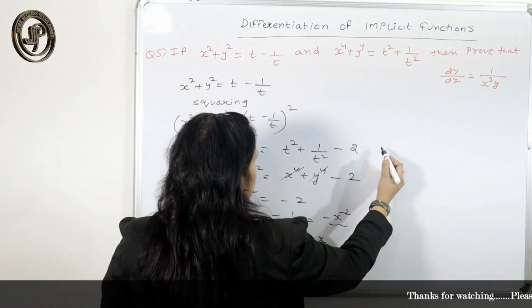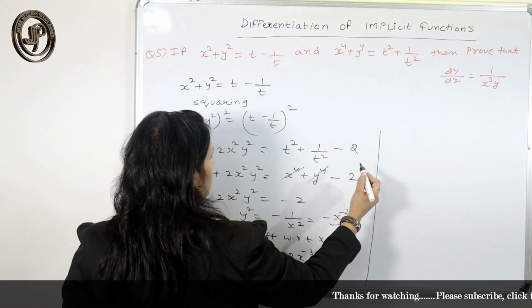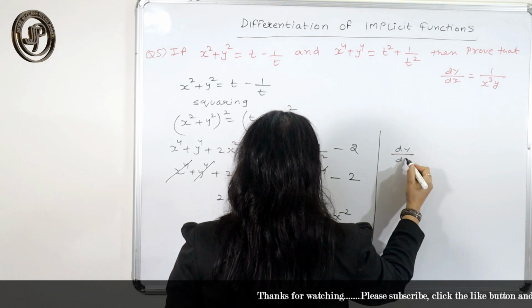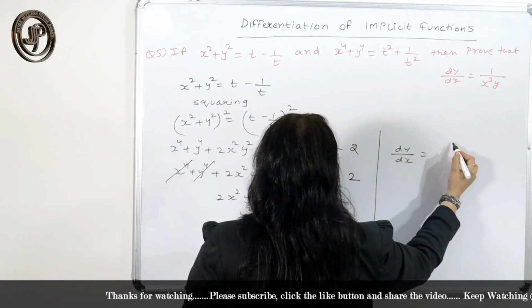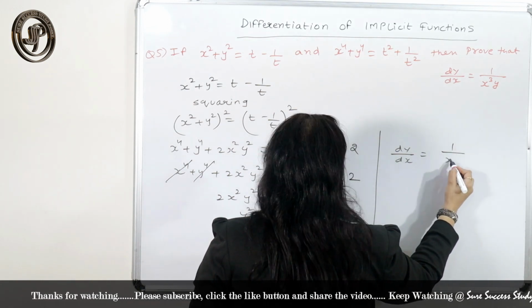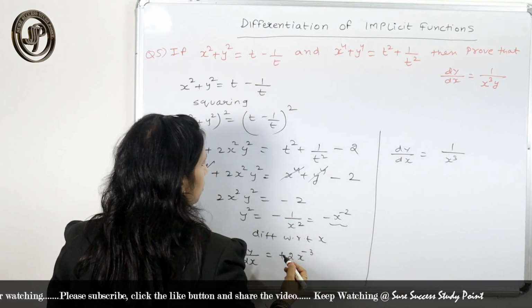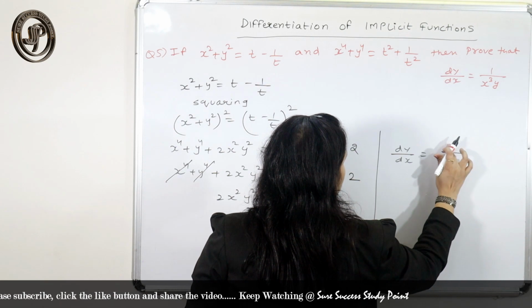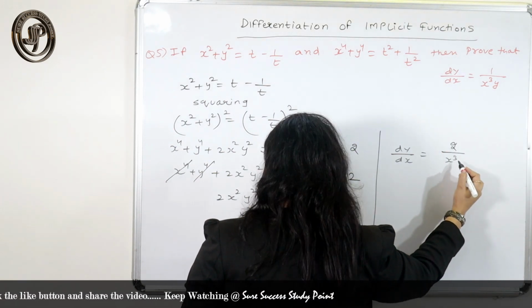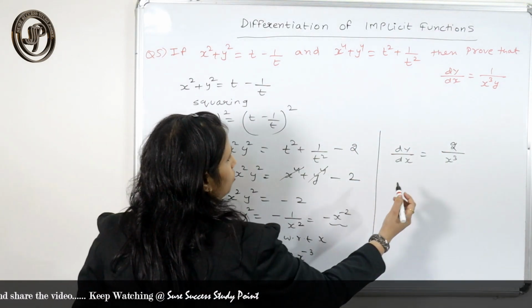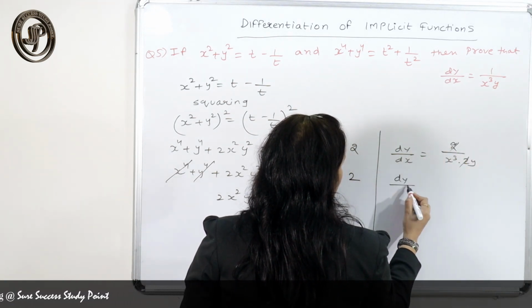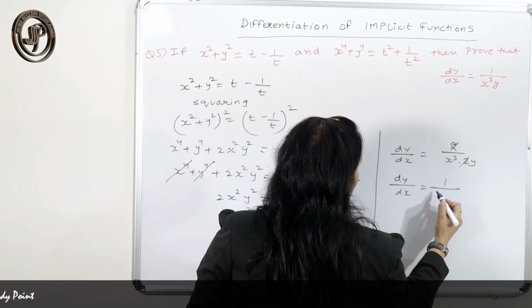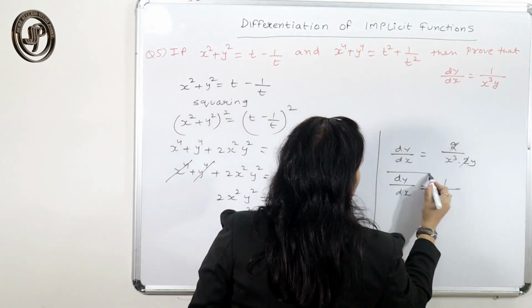Then if I simplify, 2 and 2 will cancel out, giving 1 upon x cube, and if I take this down it will be 2y. 2 and 2 will cancel out. So dy by dx equals 1 upon x cube y.